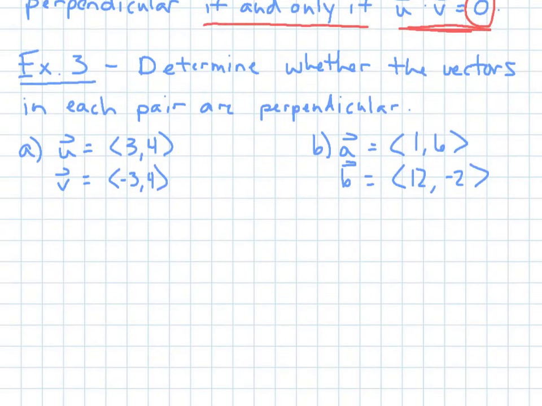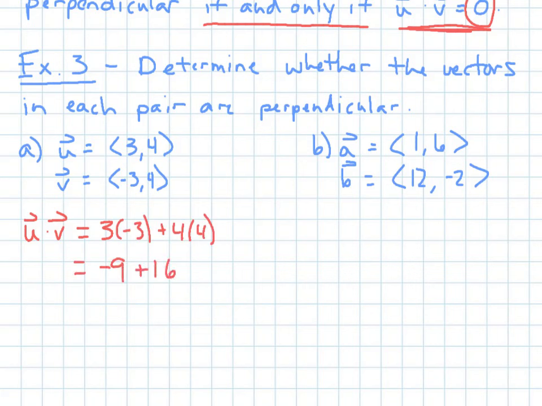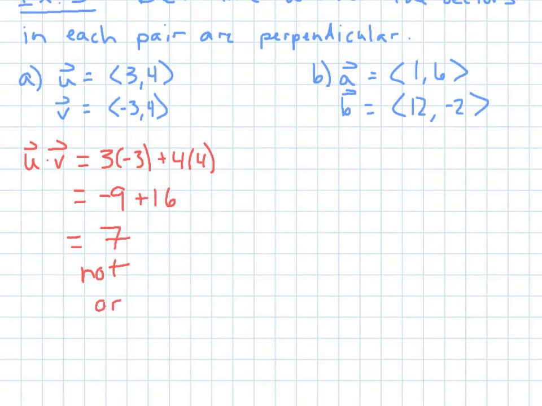So if I have the dot product of u and v here, then 3 times negative 3 plus 4 times 4 gives me negative 9 plus 16. That gives me 7. So, not orthogonal, because it's not 0.